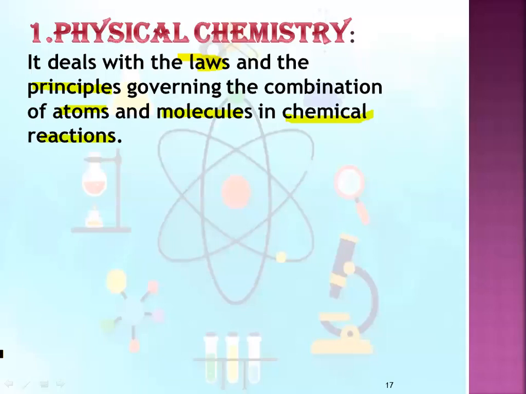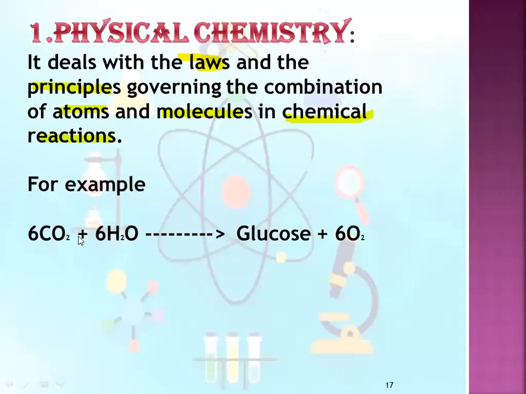Let's take an example here. Here you have the equation of photosynthesis. This is a chemical reaction, so it will be read under the heading of chemistry, but in which branch? In the branch of physical chemistry. Why physical chemistry?